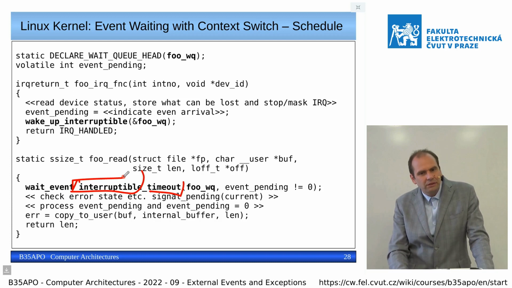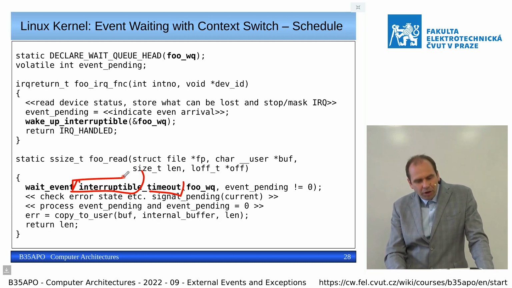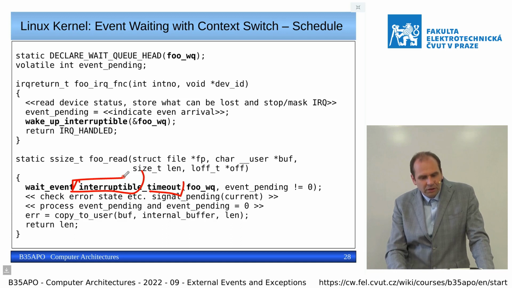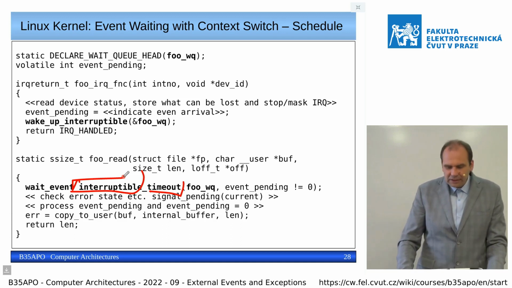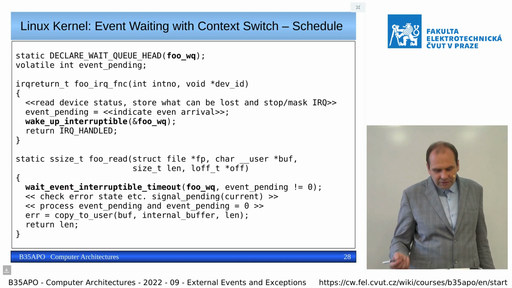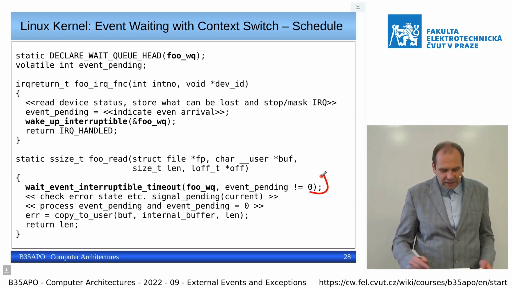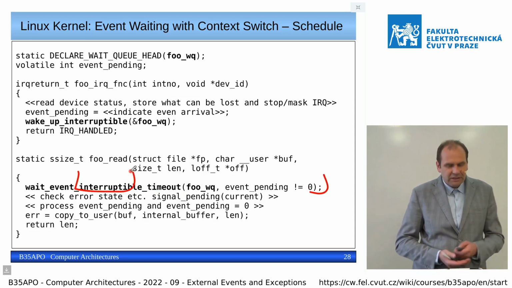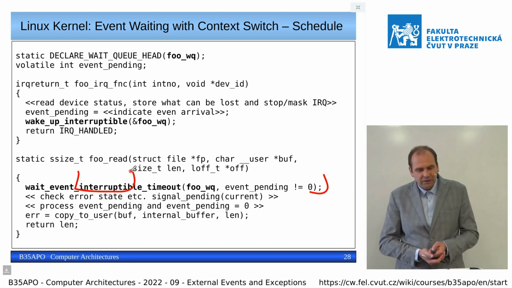Basically, it will be indefinitely blocked in kernel mode, and you cannot stop it. So for this reason, usually the places where it is possible that the event didn't arrive for some external reasons should be marked as interruptible, which ensures the ability to break it.